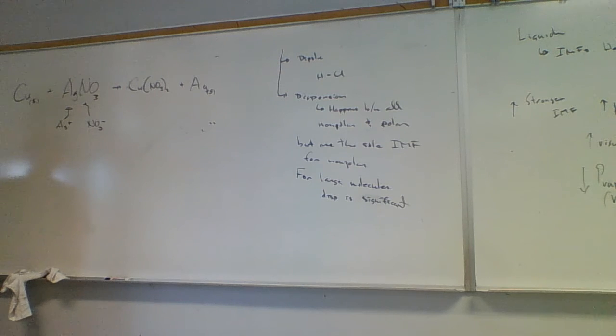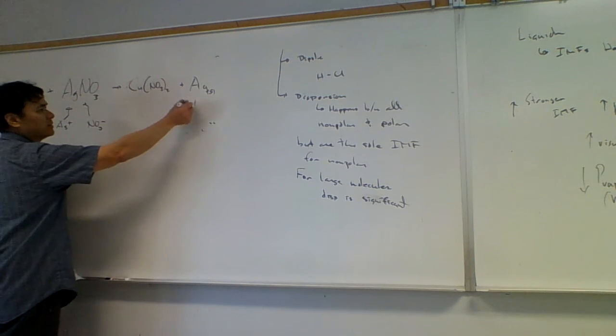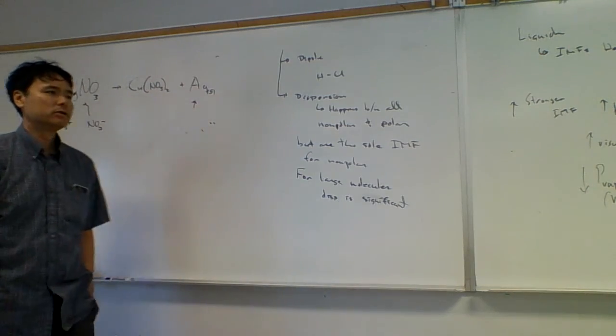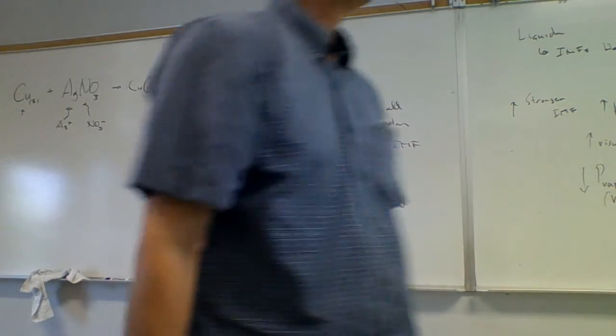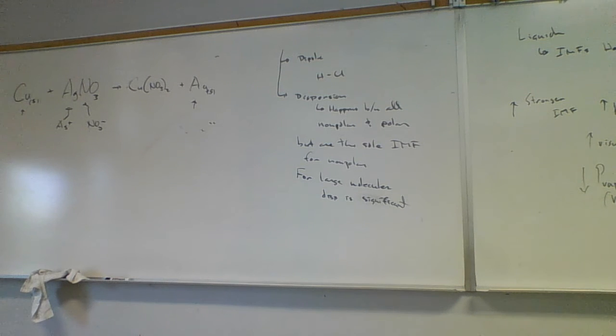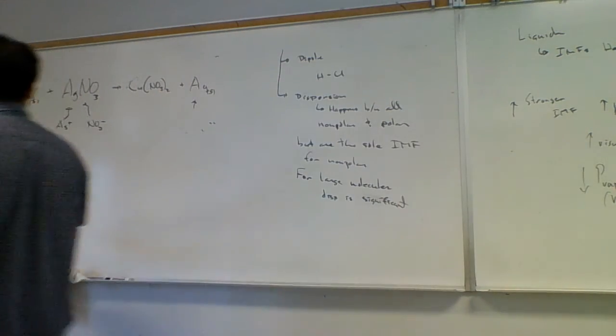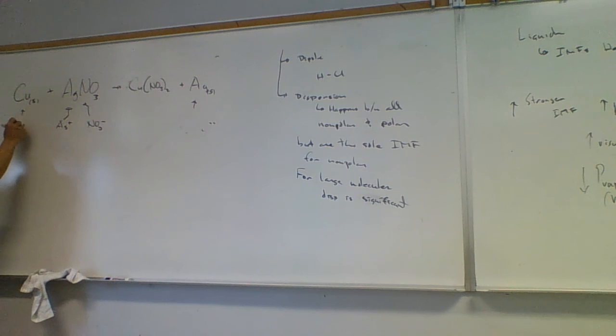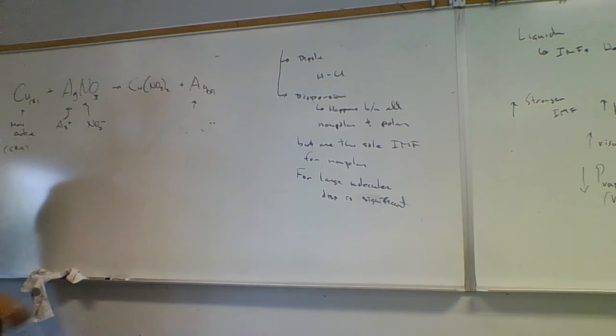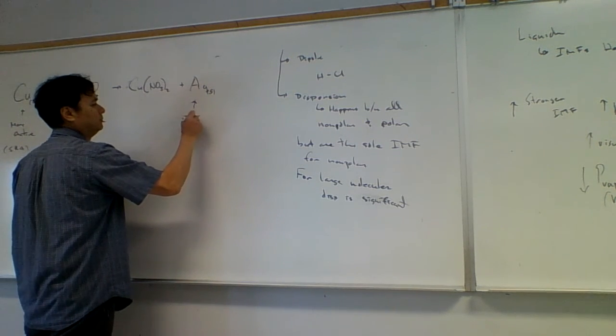And then we take a look at this, as far as activity series go. Which one's more active, silver or copper? Silver's here, copper's here. Which one's more active, silver or copper? Copper's more active. So we're going from more active, a better reducing agent, so we're going from stronger reducing agent to less active.